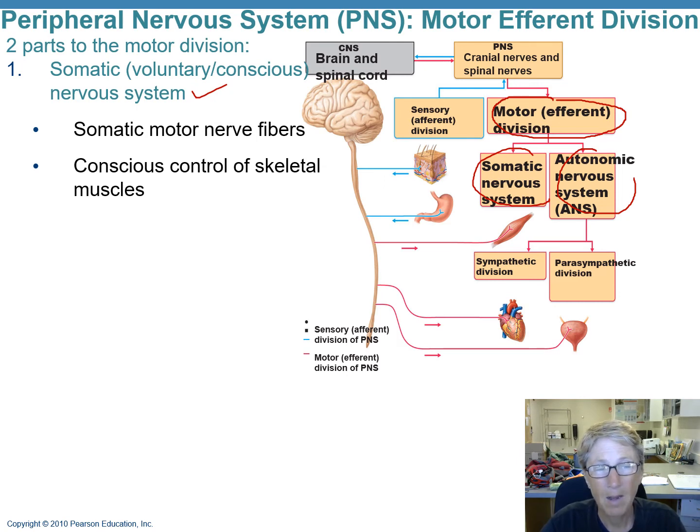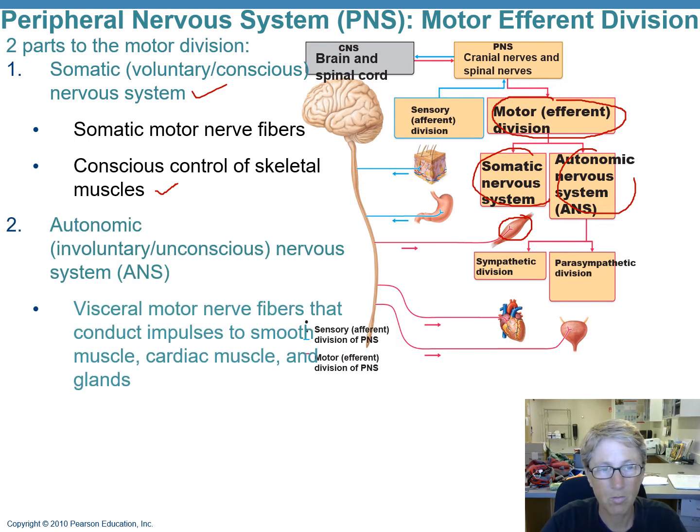And somatic motor nerve fibers, that's the axons of somatic motor neurons, go out to skeletal muscles and joints. And you have conscious control of your skeletal muscles.